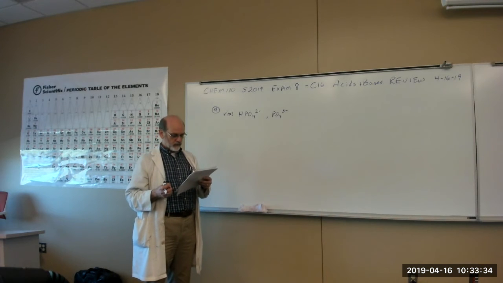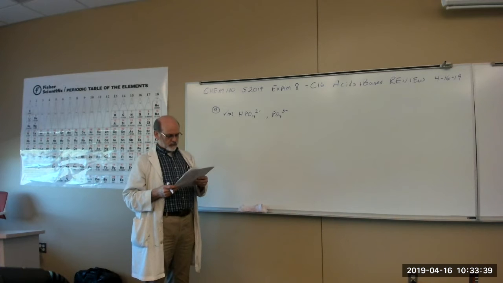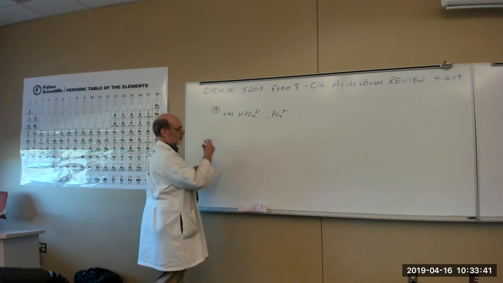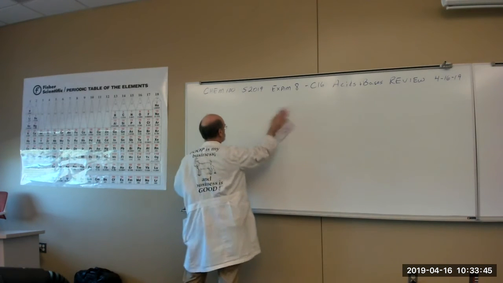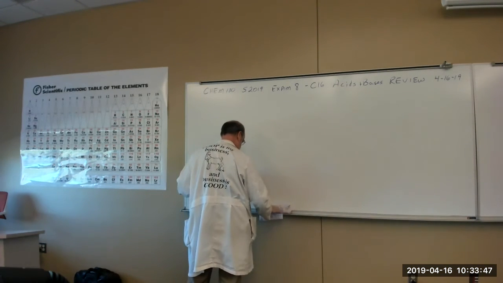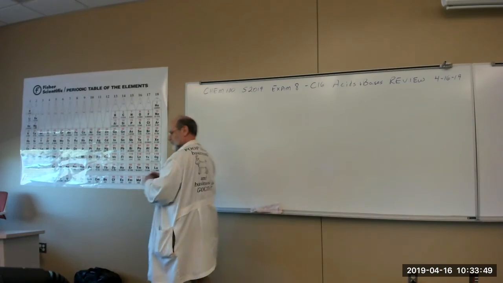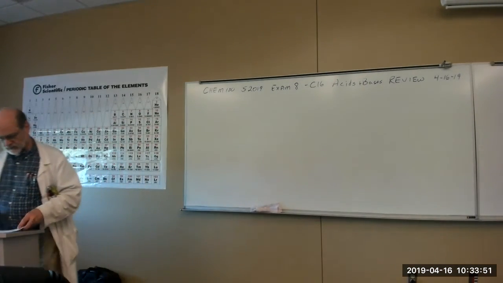I don't know, you may not know that. H2F, that doesn't exist either. The rest of them are just stupid. A is the only possibility. I'm glad I didn't write that question. Some chemistry moron wrote that one.